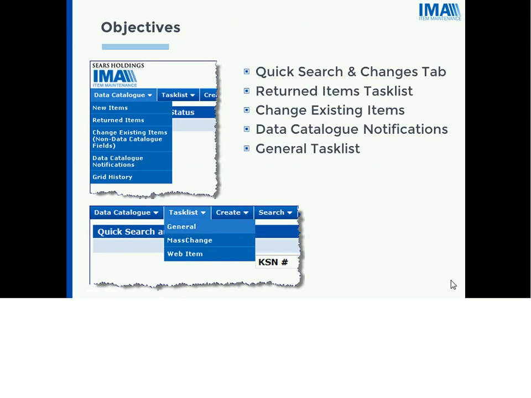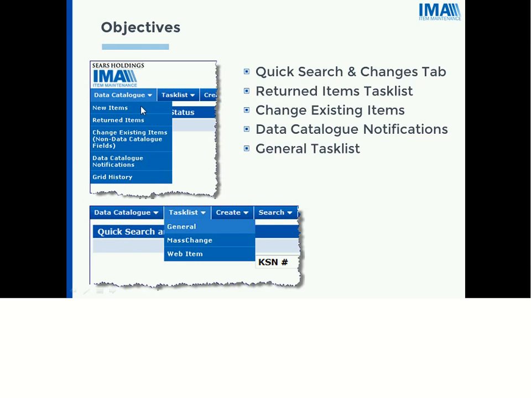So we're going to be covering Quick Search and the Changes tab, as well as your Returned Items task list, your Change Existing Items feature, your Data Catalog notifications, and your General task list. Whenever you hover over Data Catalog, you get a variety of selections you can choose from.